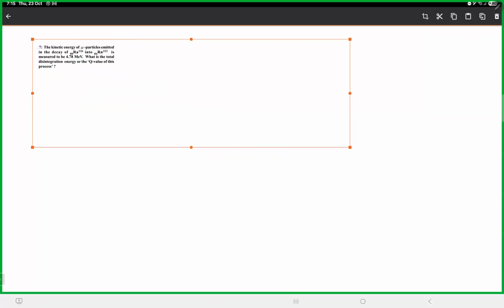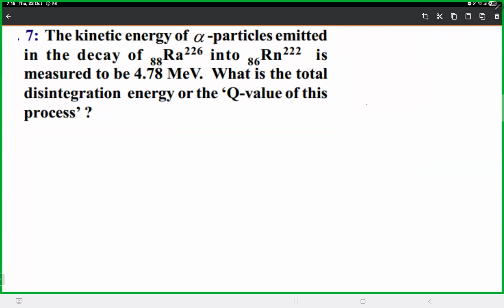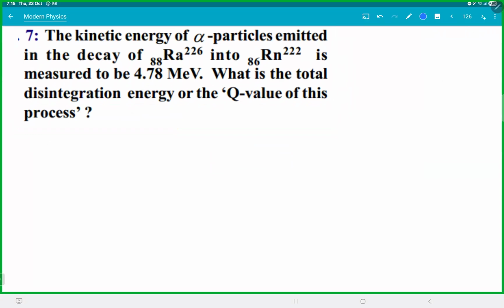This is a good one. Let's try this. This is a doable one. No big calculations, nothing. Think. Let's see what you'll think about this.